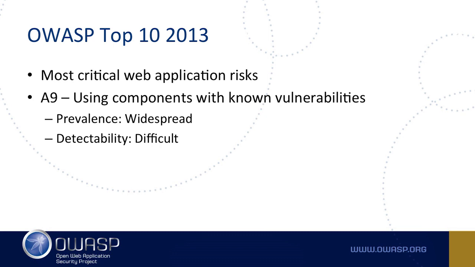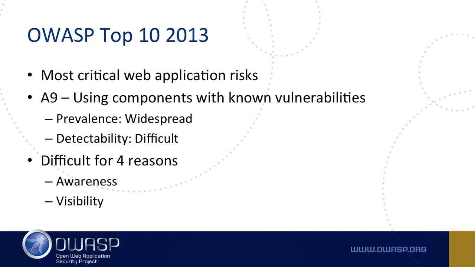And at the time, they said that detectability was difficult, that this is really not an easy problem. And in reality, I think that was for 3 to 4 reasons. I put 4 reasons here. But in 2013, it had to do with awareness. When this hit the top 10, this was the first time a lot of people had heard about this problem. And because it was the first time people heard about it, there wasn't a lot of visibility into the applications.